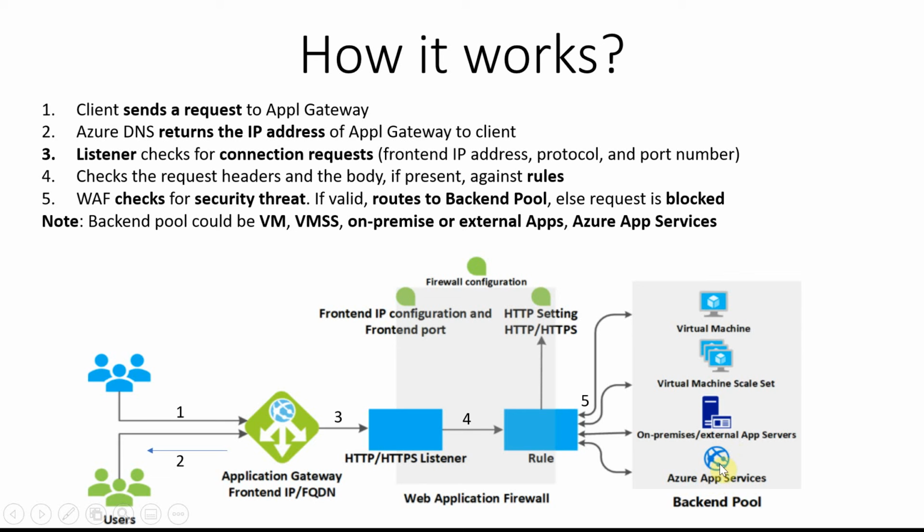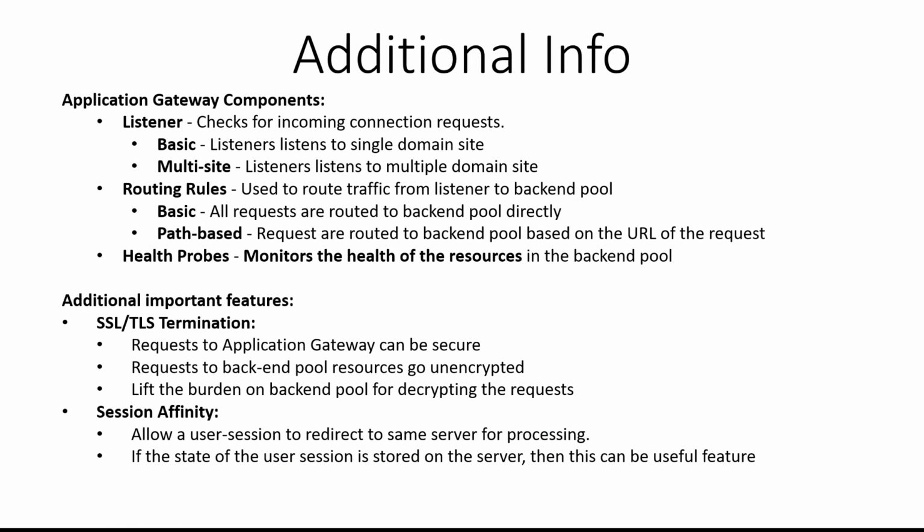It's a pure Azure component. So we are not talking about infrastructure as a service, or it could be an on-premise service, or it could be a PaaS service. This is a PaaS service for deploying a web application. So it supports all these features. So that's how this works.